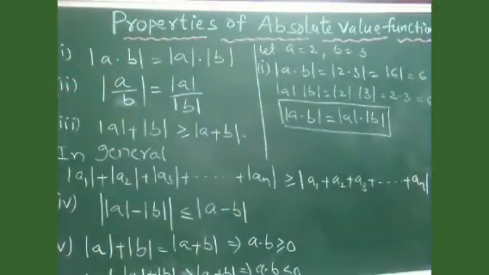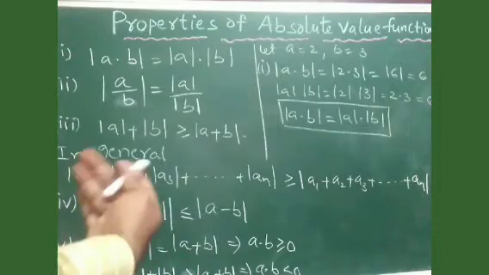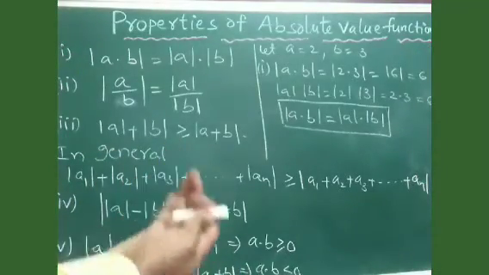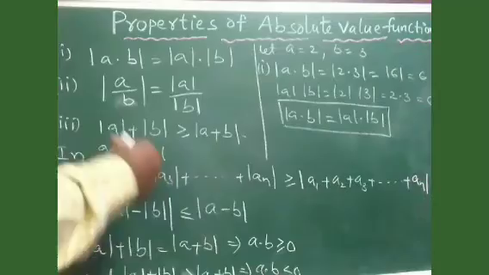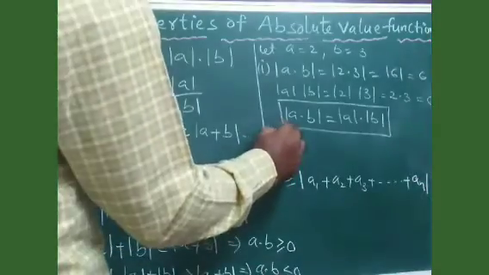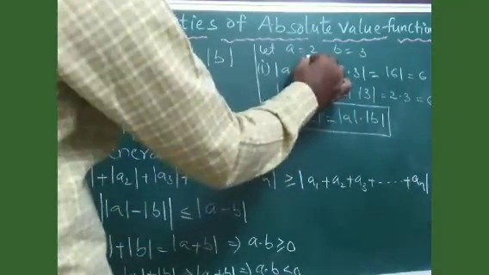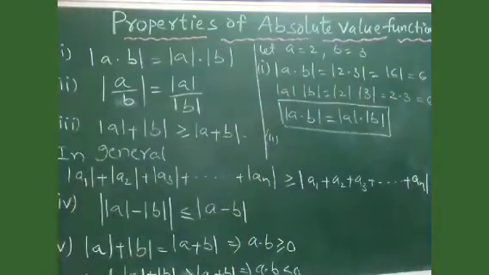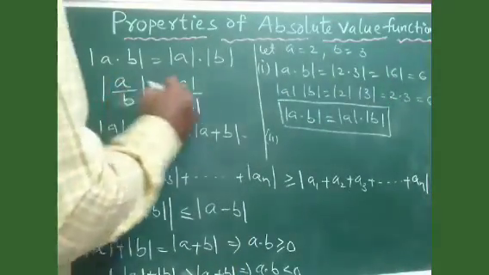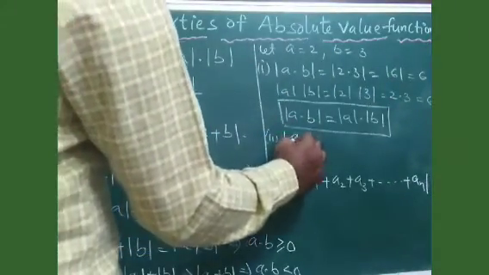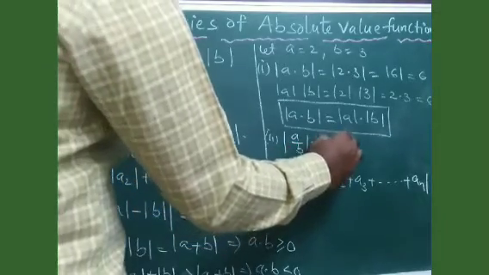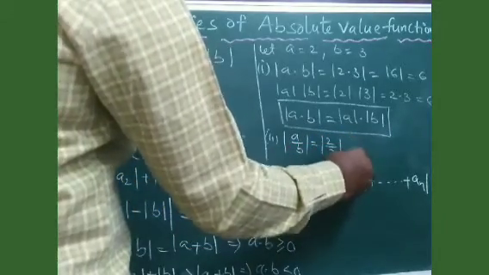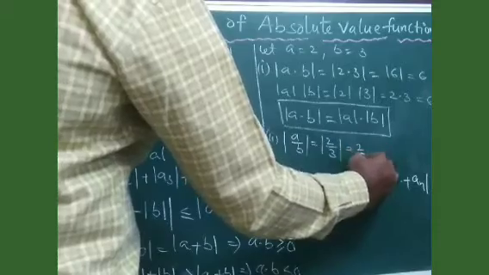You can proceed with not only positive numbers, you can also go with one positive and one negative, or both negative. Now let me check the second identity for the same values, A is 2 and B is 3 again. I want modulus of A by B, which is modulus of 2 by 3, equals 2 by 3.